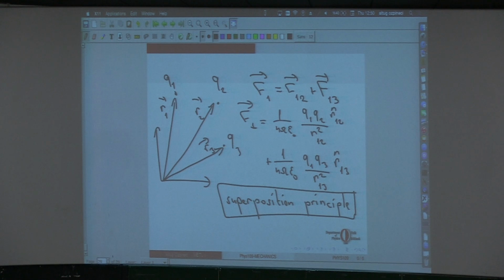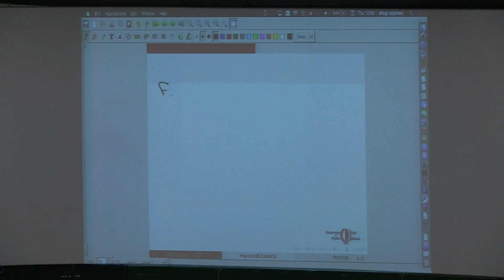Now, if you look at this force acting on the first charge, this is 1 over 4 pi epsilon 0, Q1, Q2 divided by R12 squared in the R12 direction. Now, the force is a vector quantity, so when you are adding these things, make sure that you pay attention to their direction also.